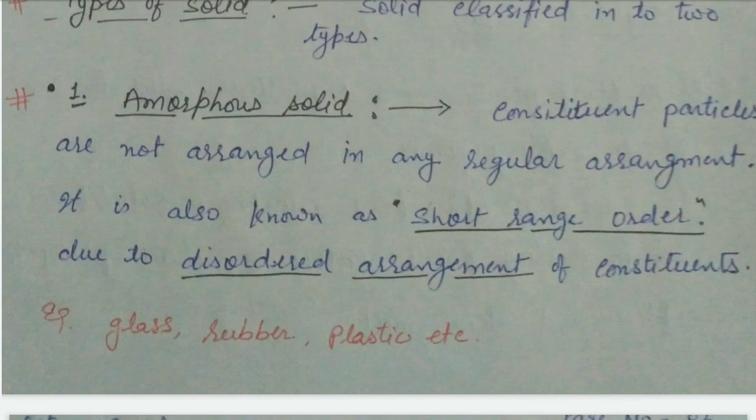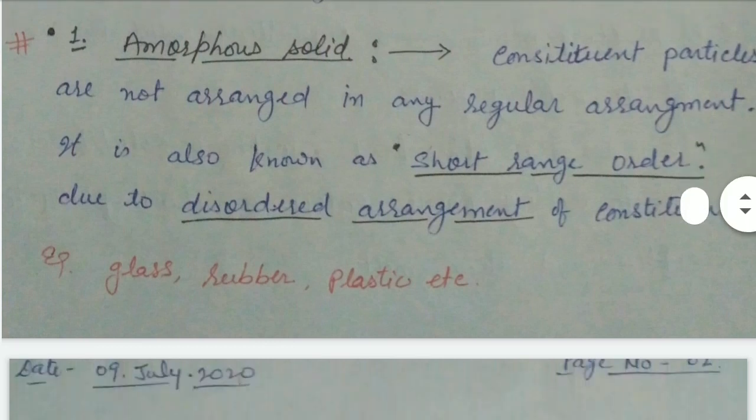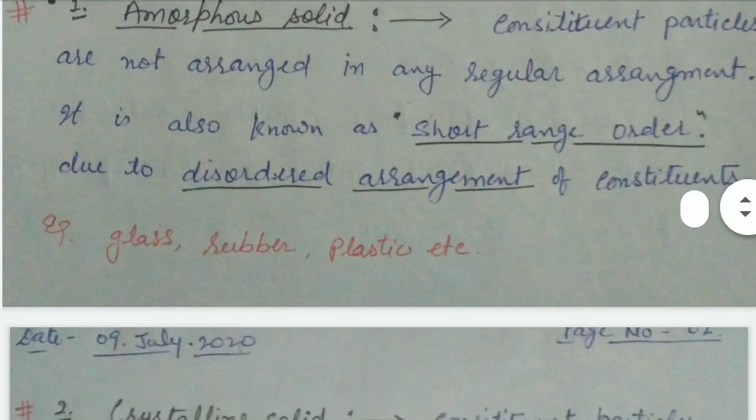In amorphous solid, these are not arranged in a regular pattern. It means these are arranged in a disordered arrangement, right? Therefore it is called short range order. Further, the constituent particles, meaning atoms, molecules, or ions, are not arranged in a regular arrangement.